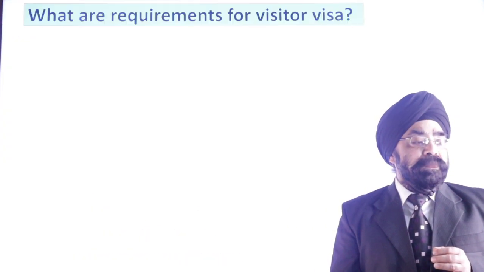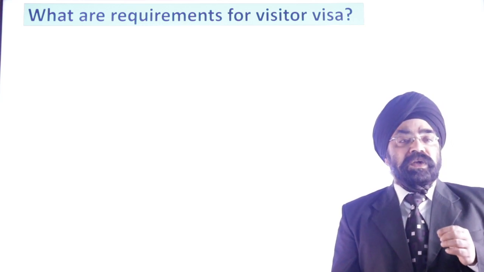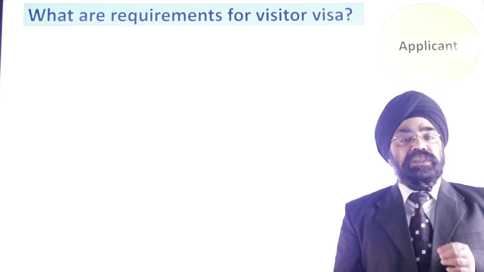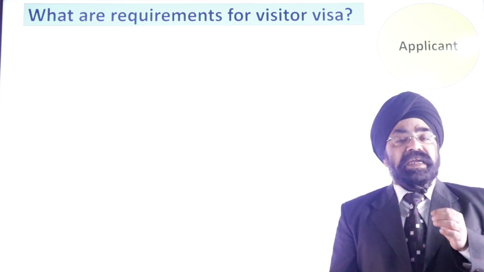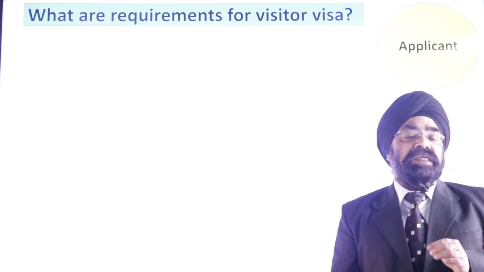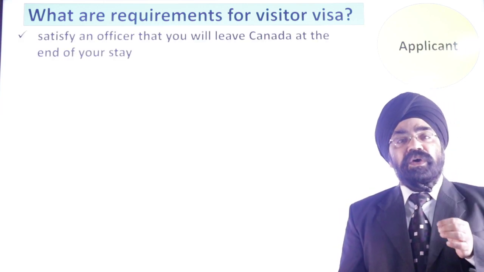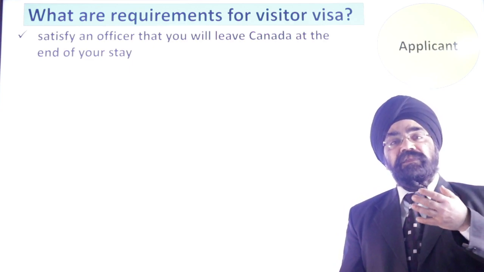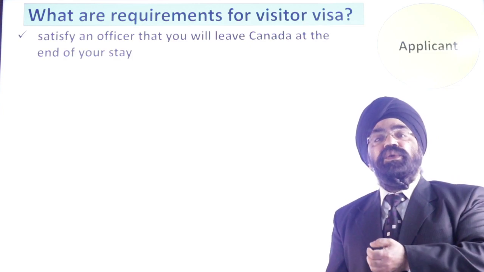So from the applicant perspective, what are the requirements? The first requirement, of course, is that you have to satisfy the officer that you will leave Canada at the end of your stay and go back to the home country. This is the most important thing. Now, you have strong ties to the home country. Strong ties to the home country means that you have something which will pull you back to the home country.